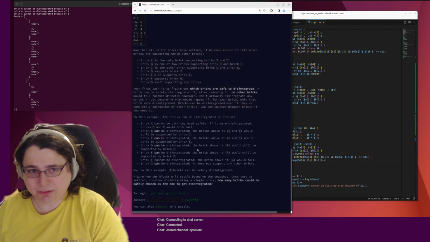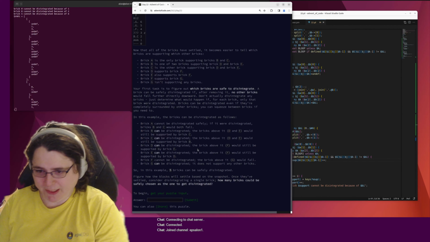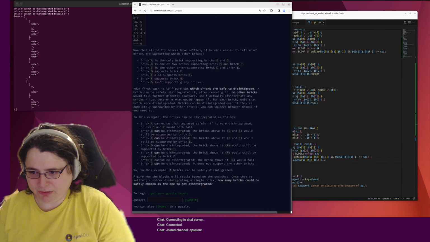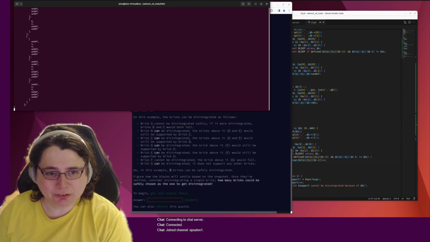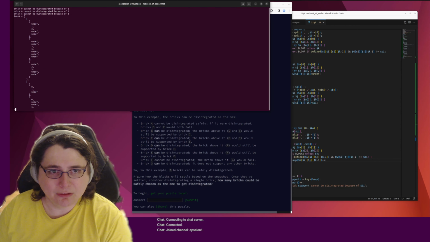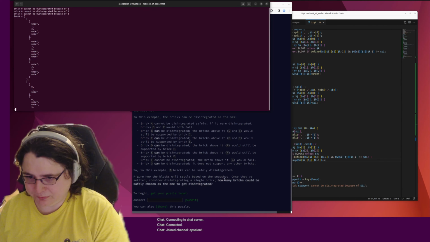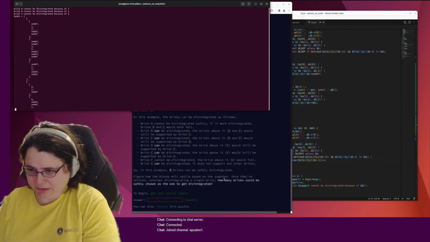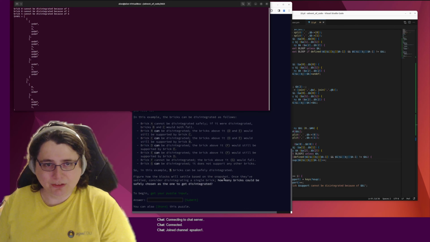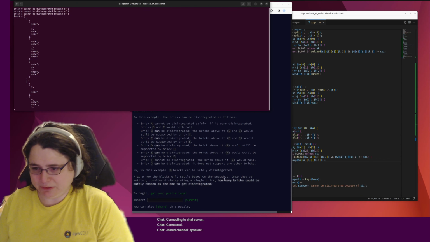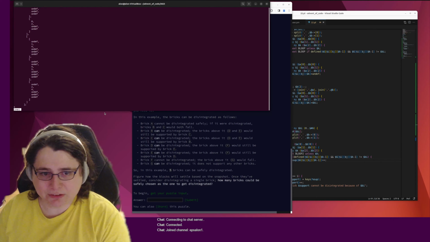Brick 5 cannot be disintegrated because of 6. Brick 5 is brick F because G would fall. So only 0 and 5, which is the correct answer. That is the correct answer, but it is not.